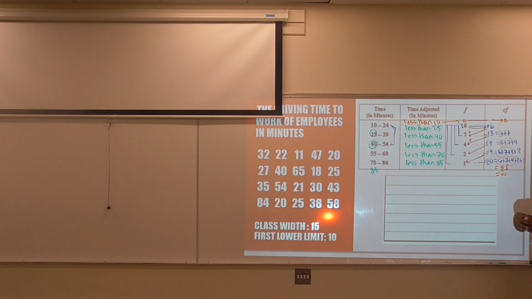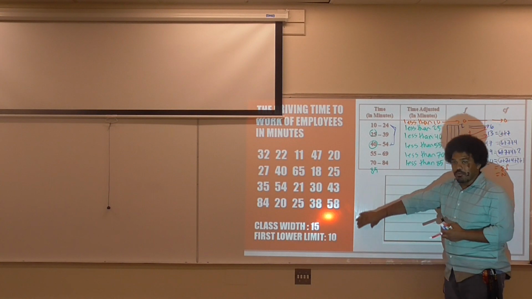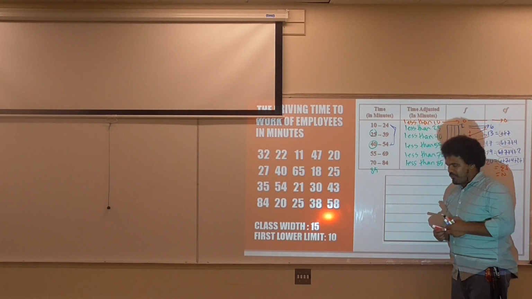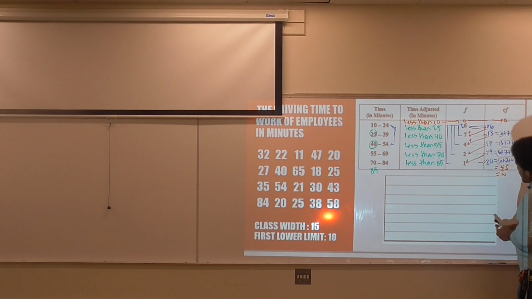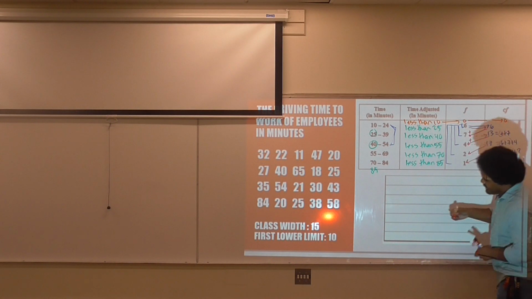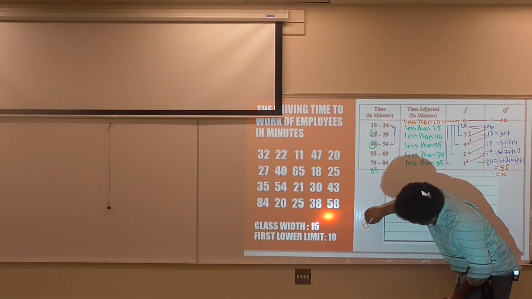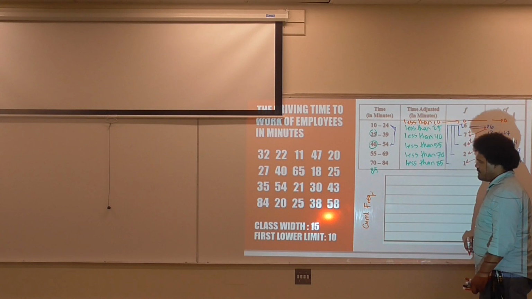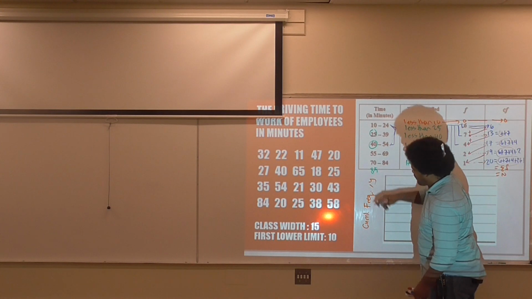So once again, over here we don't want to say frequency because it's not based off frequency, it's based off cumulative frequency. We want to be able to describe the graph we're looking at here. So the frequency is cumulative frequency, so I'm going to write cumm for short, and frequency in short, which we know is going to be the y on the y-axis.